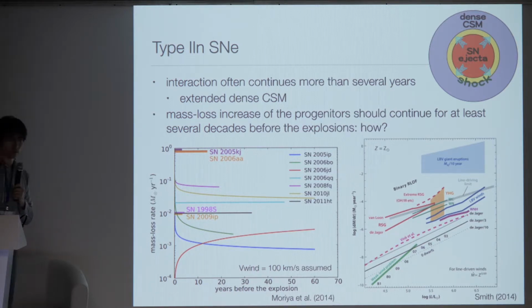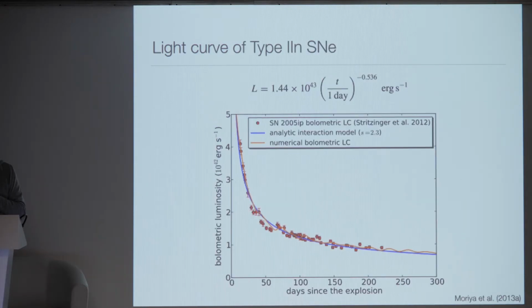Yes. Maybe I'm missing something, but how is the mass loss rate history determined? By fitting the light curve, we get these constants.